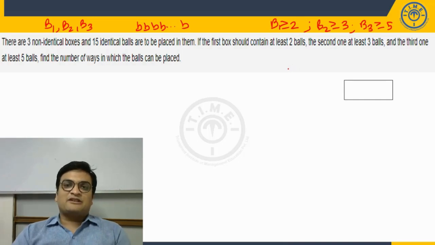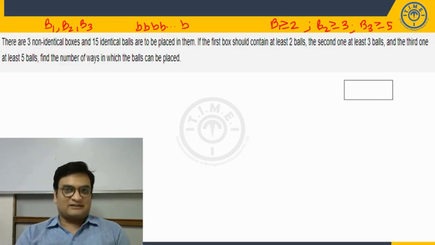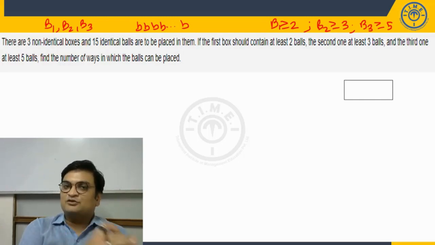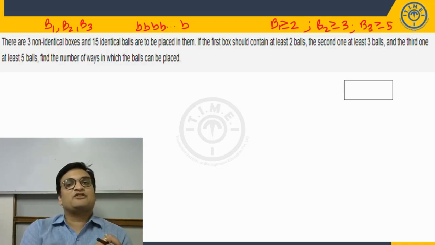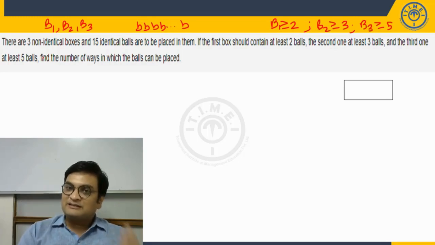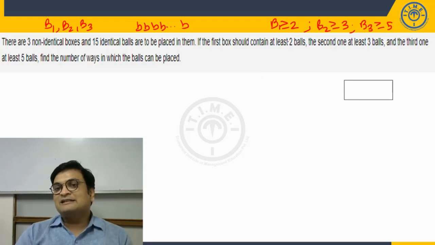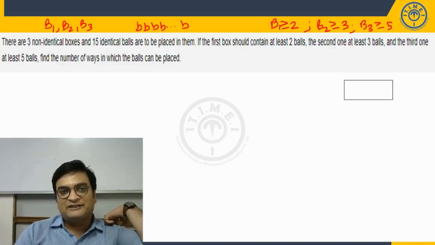Now, this is the question which involves identical elements to be placed into distinct boxes. So it's similar to a question type in our permutation combination wherein we are posting letters. So this case is similar to posting 15 identical letters into 3 post boxes, which are distinct, such that the first box should have 2 letters, the second should have 3 letters, and so on.